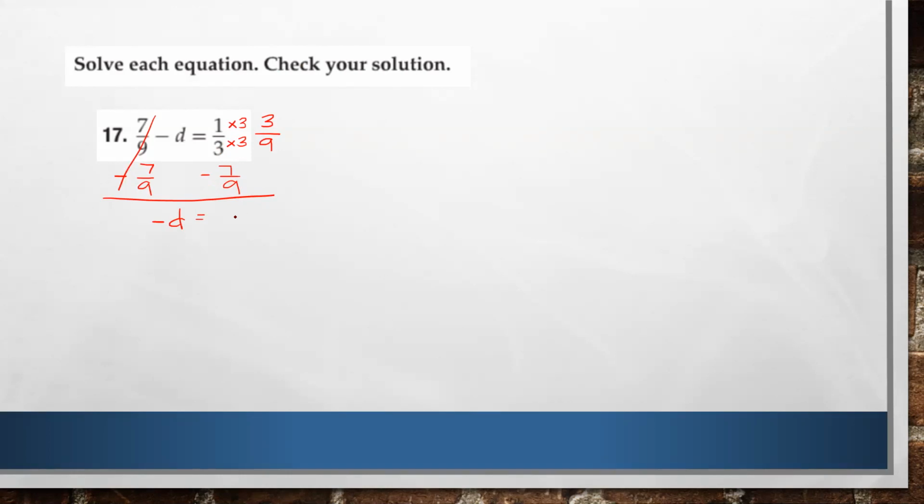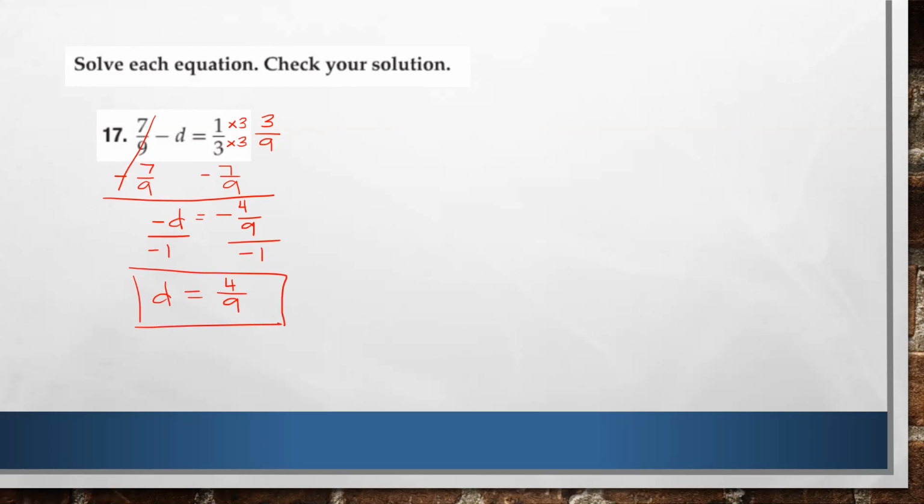Well, that's going to be negative, right? 3 minus 7, that's -4. And then our denominator is 9, stays the same. So -4/9. So again, this problem we have this negative in front of d. We want positive d. So we were dividing by -1, okay? So d is equal to positive 4/9, okay?